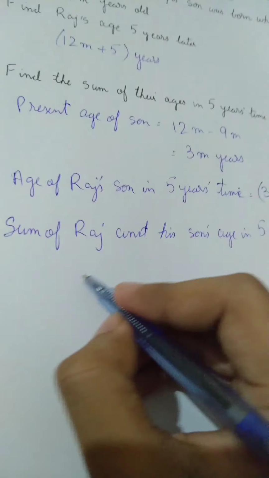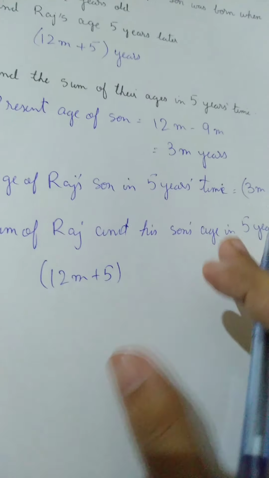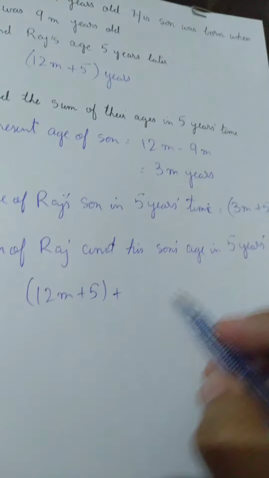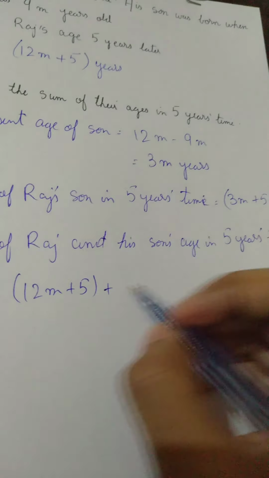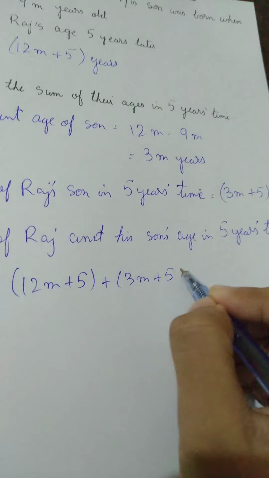So Raj's age is 12M plus 5, plus, because we are finding the sum, I will add Raj's son's age after 5 years.